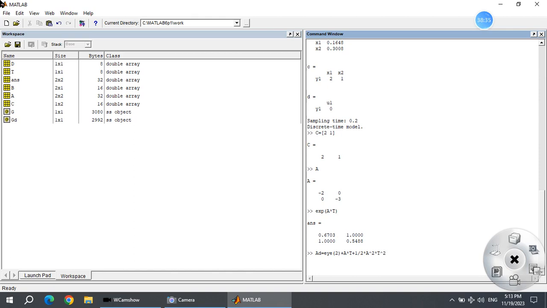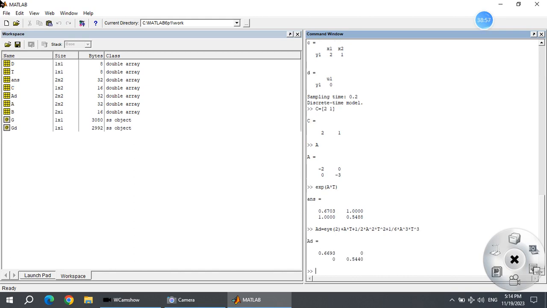And plus, okay, we can try, then it will be 6, then times A squared and A cubed, and times T cubed. Okay, I calculate 3 terms.